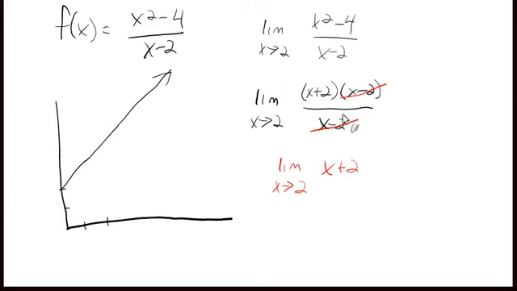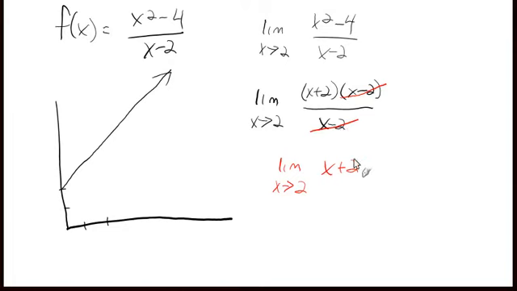It is true that everywhere else but 2, say you put in a 3, 3 minus 2 is 1, and 3 minus 2 is 1, so 1 is canceling 1. Put in a 4. 4 minus 2 is 2, and 4 minus 2 is 2. 2 and 2 cancel each other. They are getting canceled out everywhere except for at 2, or at least it appears that way. It appears they're eliminating each other, but they are a part of this function.